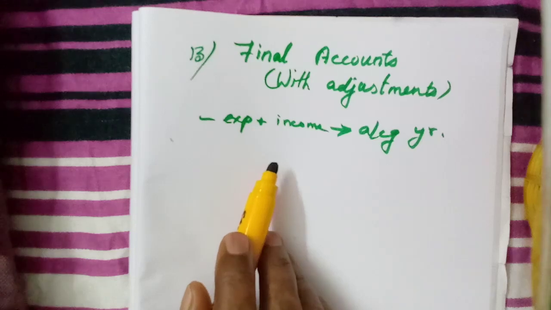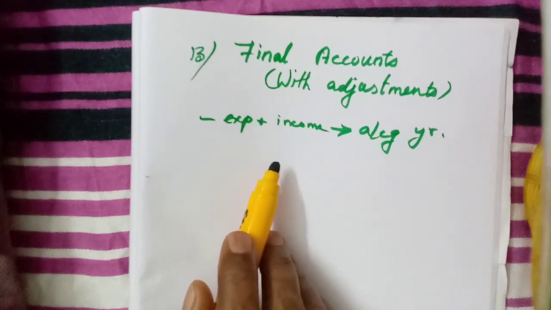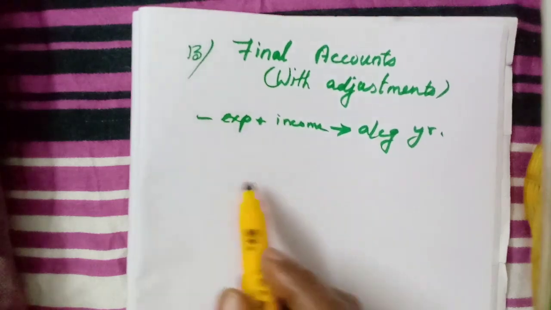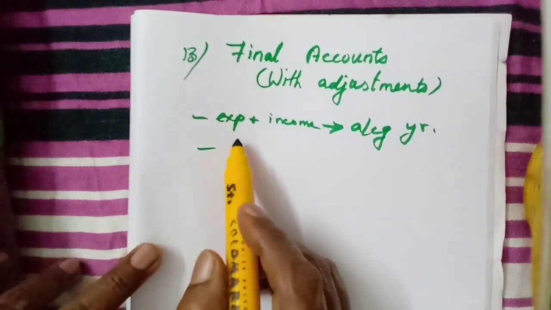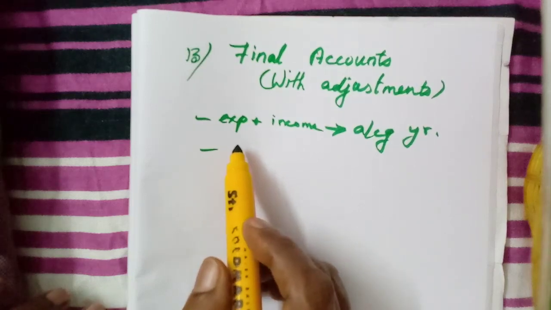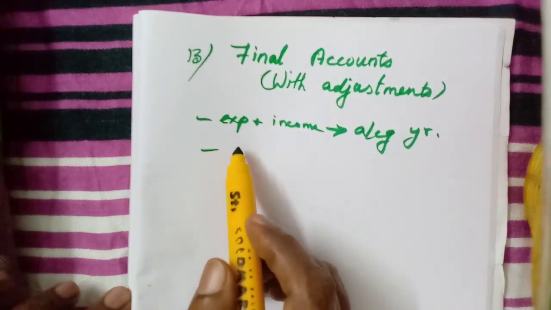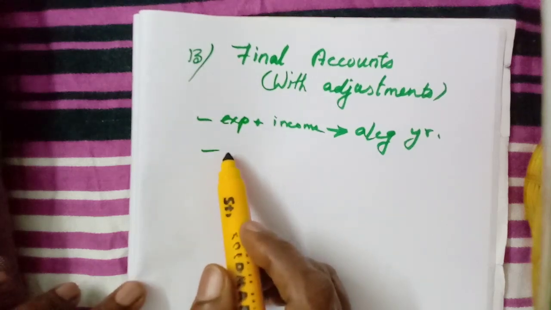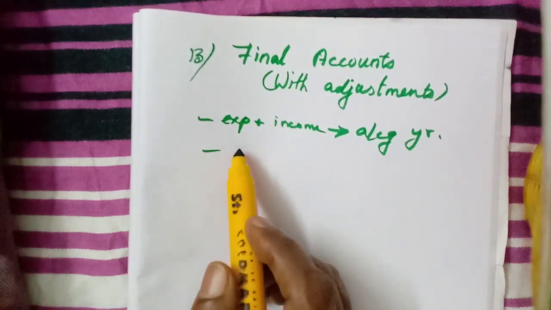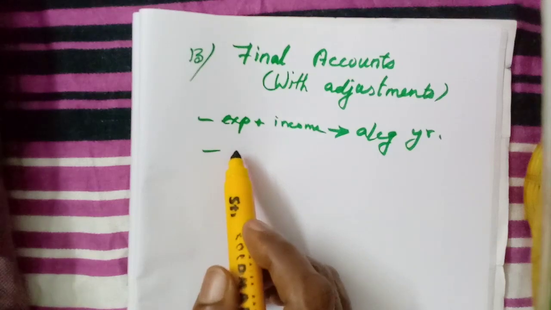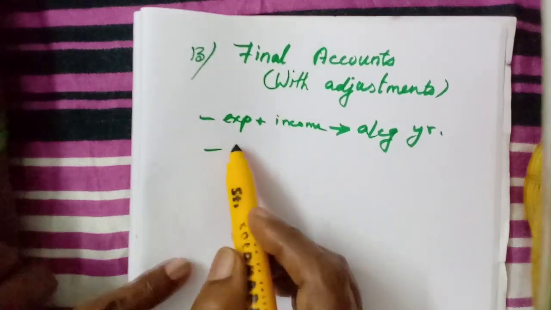So this depreciation must be charged under the profit and loss account. So we have to make some adjusting entries for making entry in the final accounts, because these are not included in the trial balance. Not included in the trial balance, so we need to make some journal entries.